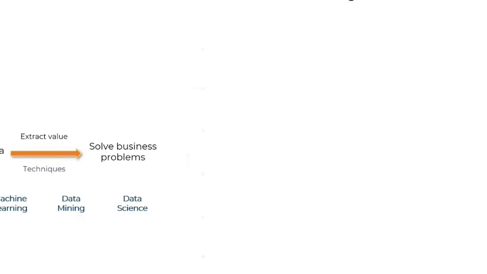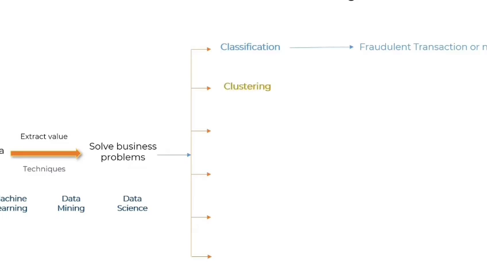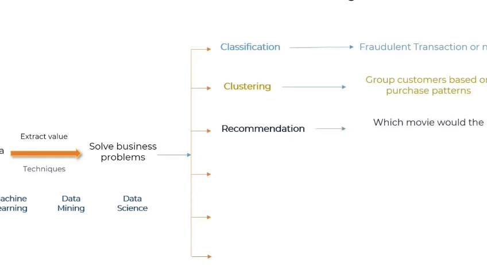It is commonly used to solve different business problems like classification, for example, where we check whether the transaction is fraudulent or not, clustering, where we group customers based on, say, some purchase patterns, or recommendation. So we can suggest which movies the customer would like to watch next.